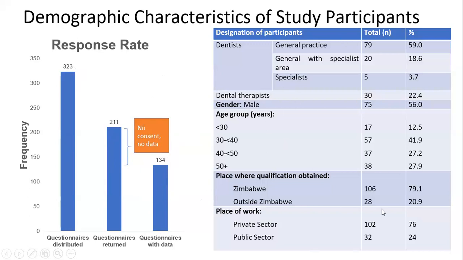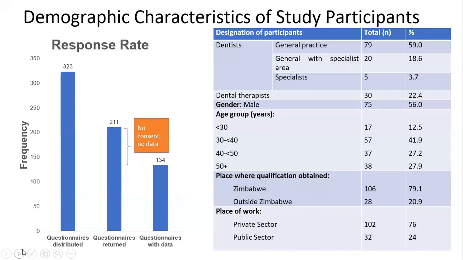I've just summarized some characteristics of the participants. I think generally fairly representative of the demographics of the practitioners currently in practice in Zimbabwe. Most of the practitioners are qualified in Zimbabwe, and majority were in private sector, although with quite a number that work in both public and private sector.